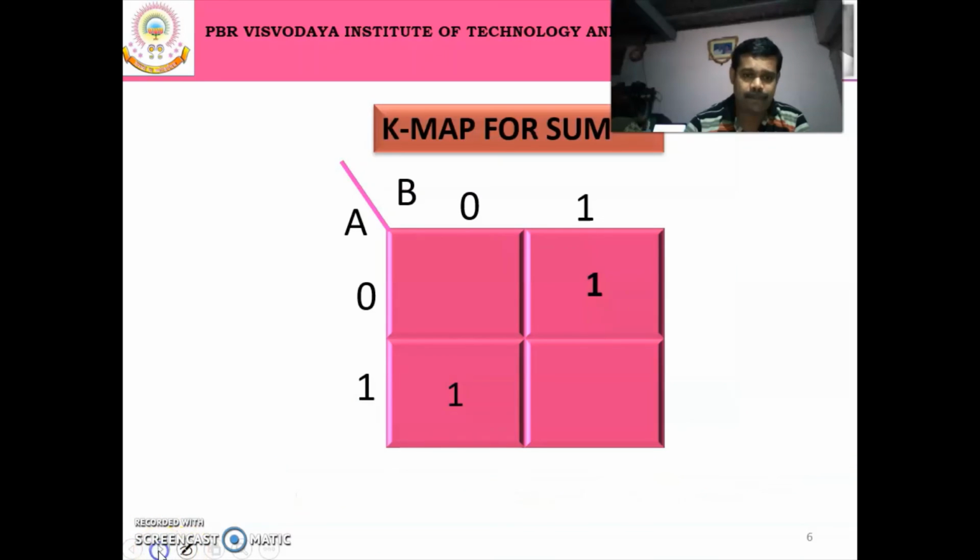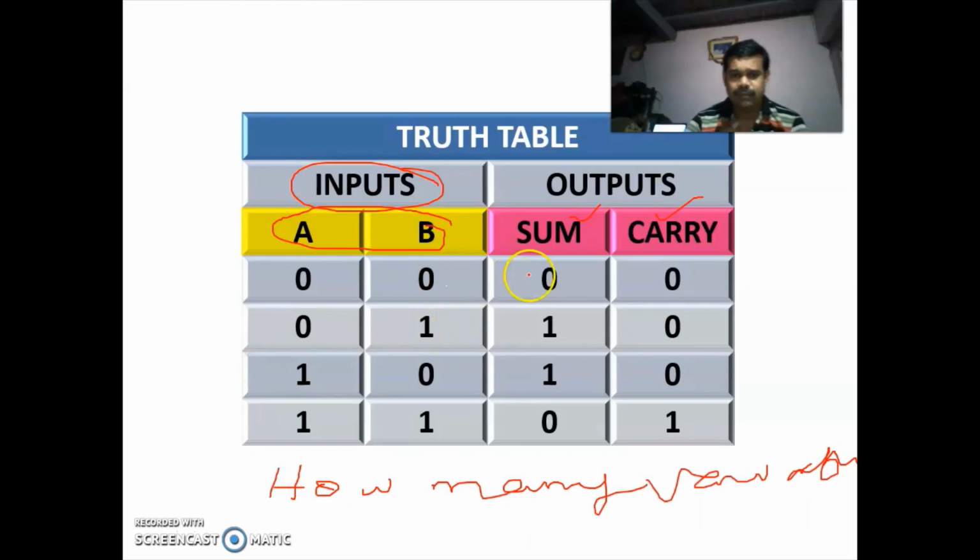So we have drawn a 2 variable K map. First we have drawn a 2 variable K map. So here the variables are A and B. Now first is for sum. Sum is 1 for 0 1 and 1 0.